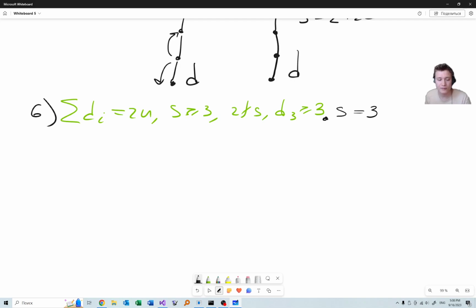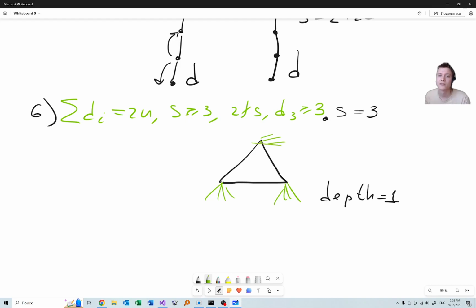If s equals 3, then it's kinda easy. We can just make a triangle. And depth will be 1. So we will make a triangle, and all other vertices will be just attached here. So this is possible.